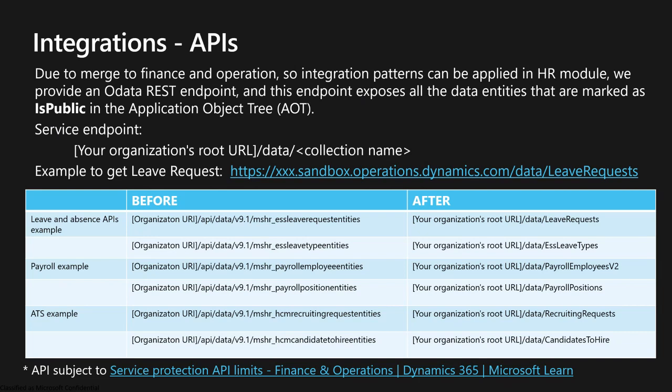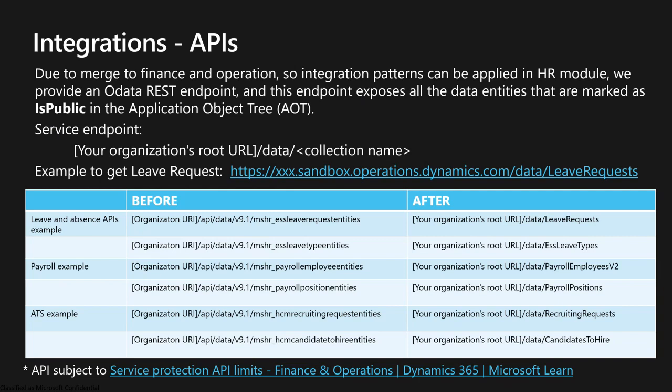Actually, v9.1 means the version of the dataverse, and then slash the collection name. But after merging to the finance and operation, you are going to connect to the finance and operation environment endpoint directly with the entity name, like your organization URL slash data slash, and then the entity name.